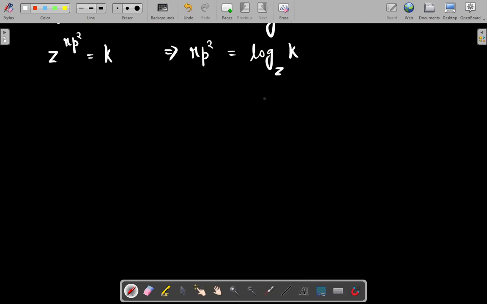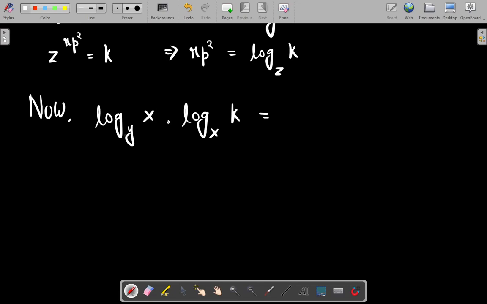So now we know log x base y times, say, log k to the base x. Okay, in this product, this log x here and this base x here of the next logarithm cancel each other, and this gives us log of k, with base y remaining, right?